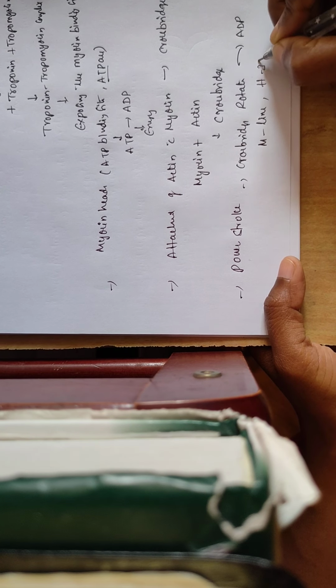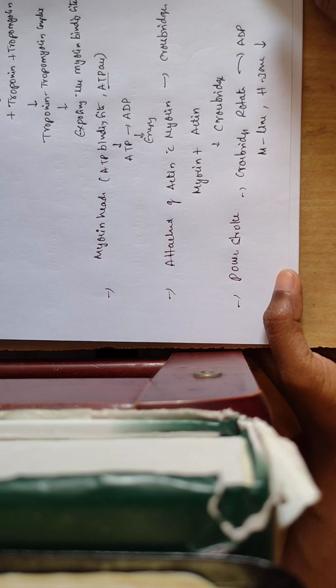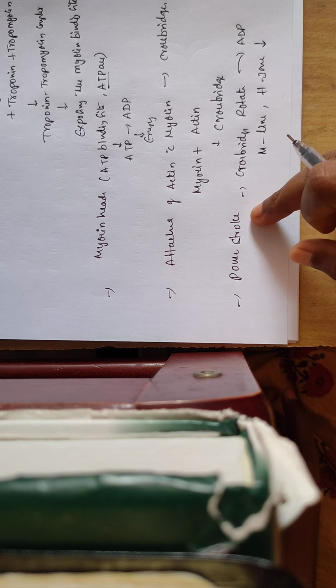So automatically the H zone is going to decrease. Clear? This we will call a power stroke.